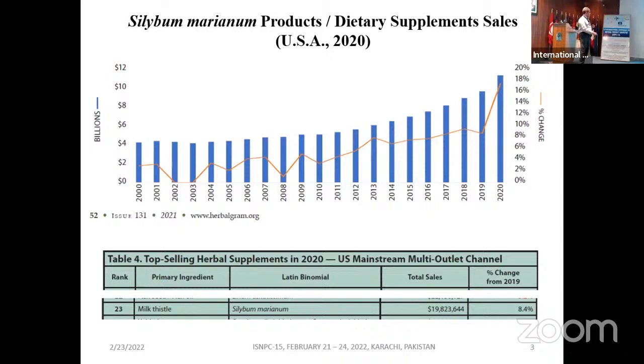Silybum marianum and its products represent the 23rd position among these dietary supplement products, with sales of more than 19.8 million US dollars in 2020, an 8.4% increase from the previous year.